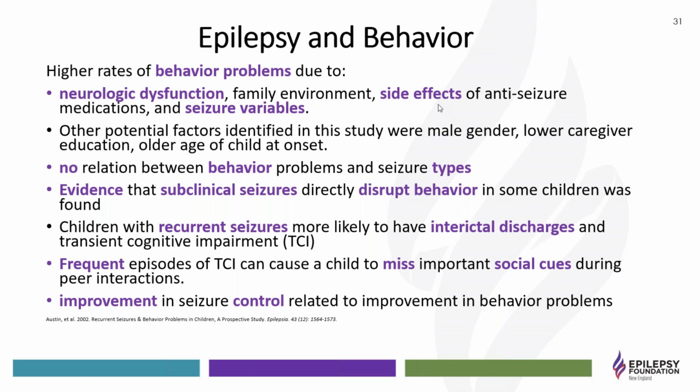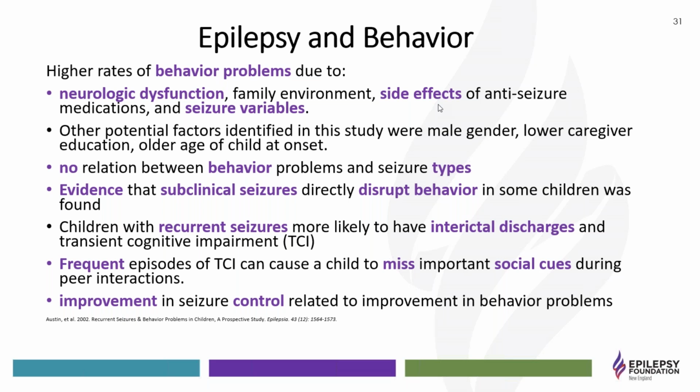But again, part of having a neurological condition is that it can cause some dysfunction in the brain that just makes them prone to behavioral issues. All right. The other big flag for disruptive behavior in children is that they're having subclinical seizures. A subclinical seizure is one where, if we had them hooked up to the EEG, we would be seeing abnormal activity, but we would not be seeing any outward physical signs of their seizures.